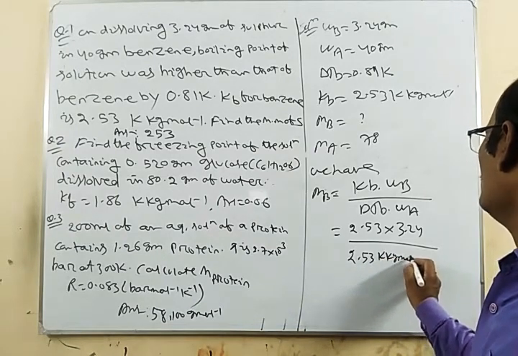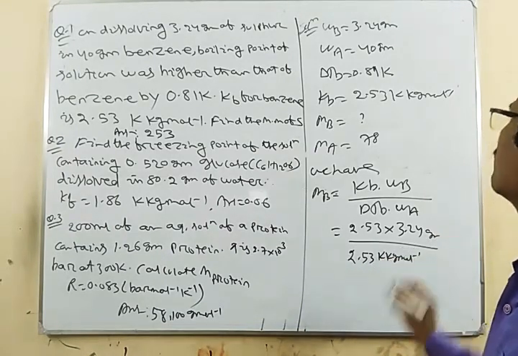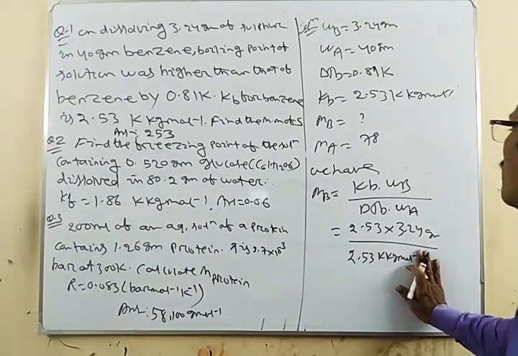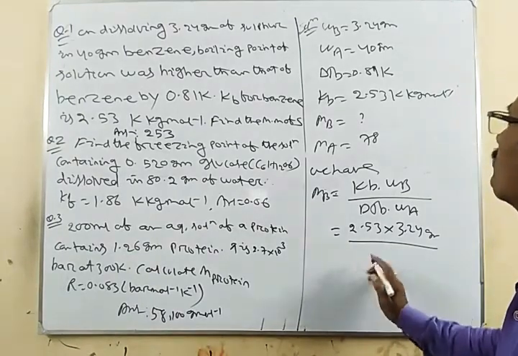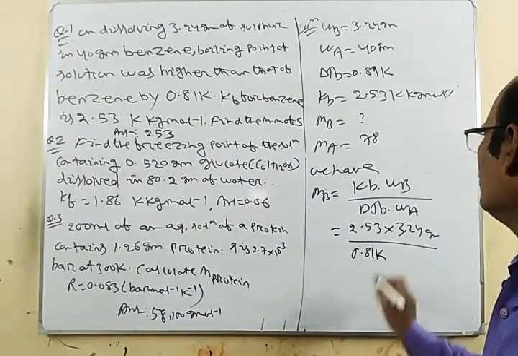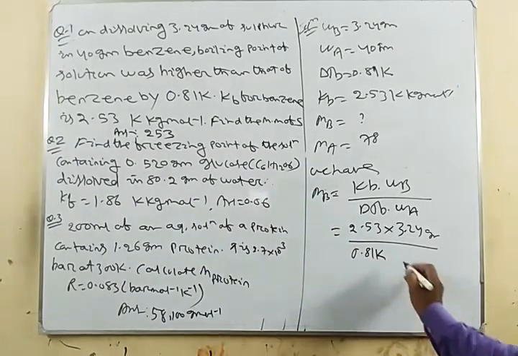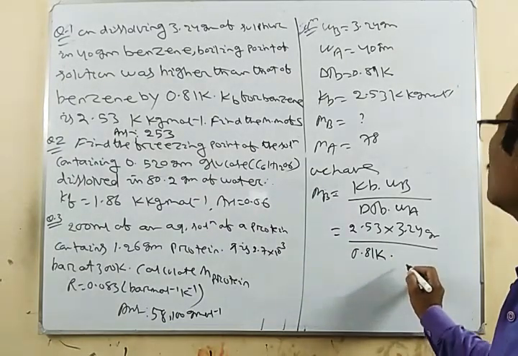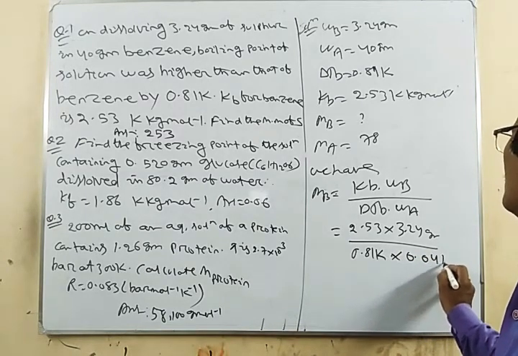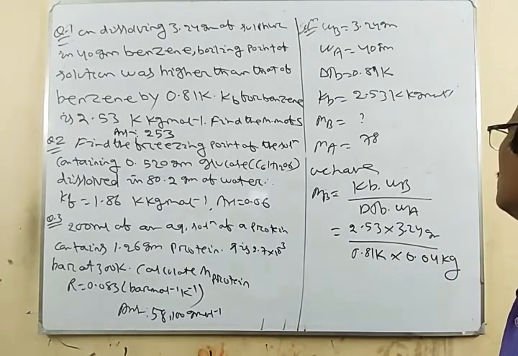Kelvin kg per mole, which is in gram, (0.81 Kelvin) into W_A, how much? 0.04 kg.